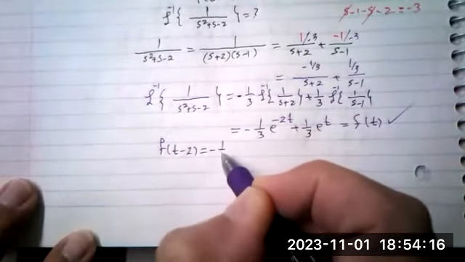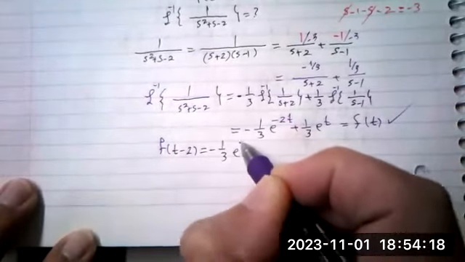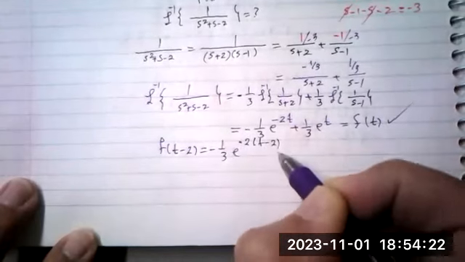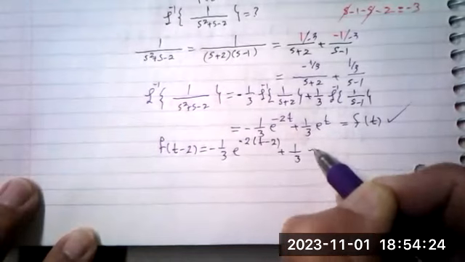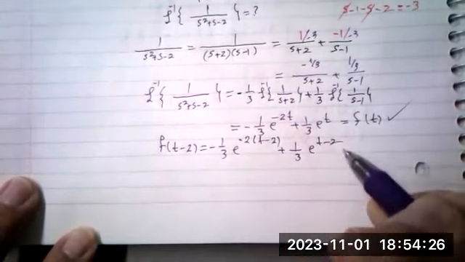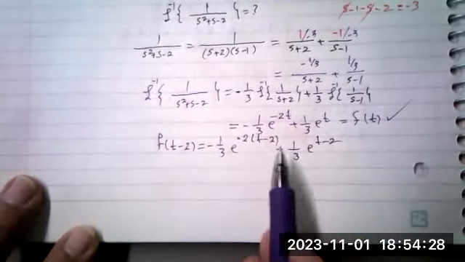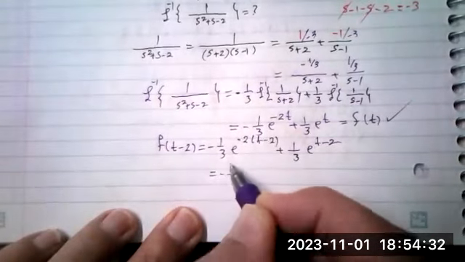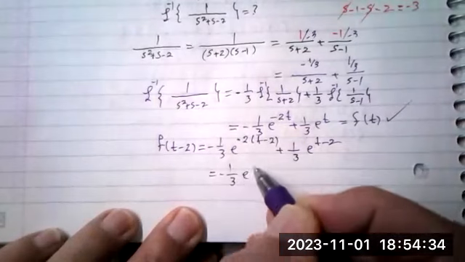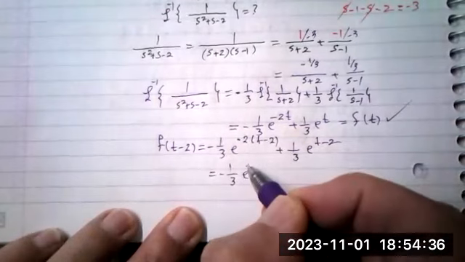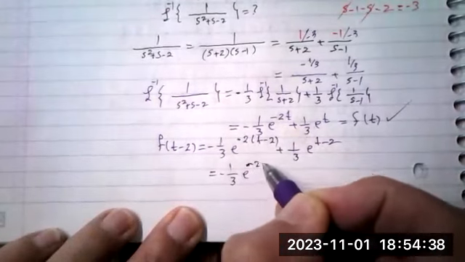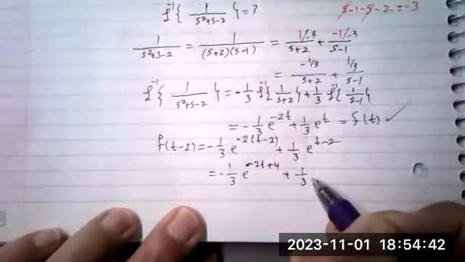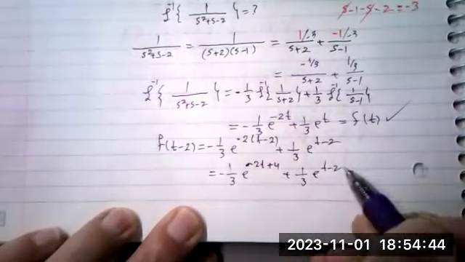It's going to be negative 1/3 e to the negative 2 times t minus 2, plus 1/3 e to the t minus 2. We can simplify it a little bit, or leave it as is, we accept it: negative 1/3 e to the negative 2t plus 4, plus 1/3 e to the t minus 2.